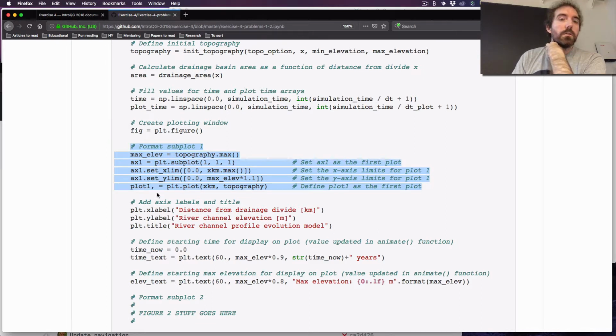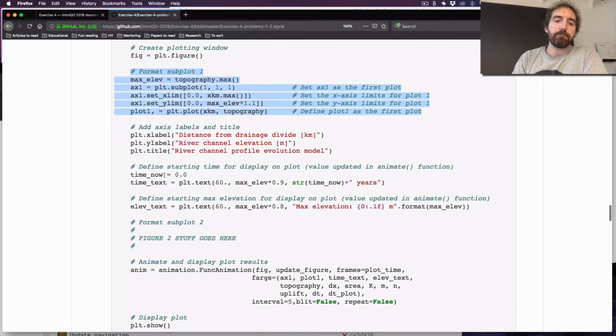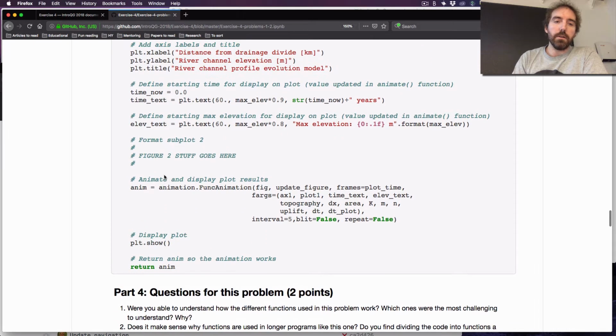When it comes your turn to add a second subplot, you're going to have to add something here and then add something to tell it how to update in the other function. And that's, I think, explained relatively clearly in the instructions for how to do this. And then there's this nasty thing down here, this matplotlib animation function that looks pretty ugly, but this is what handles all the updating of the plot window.